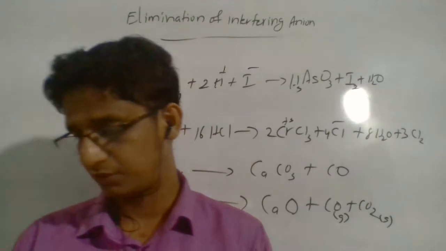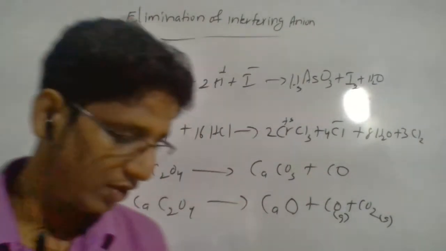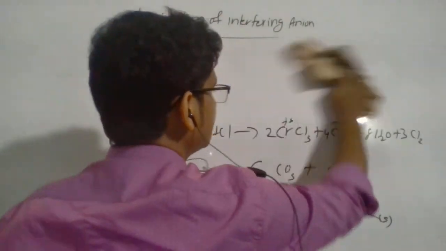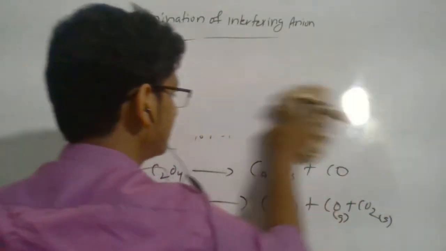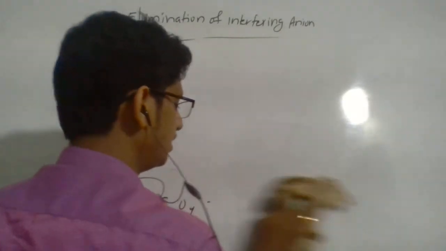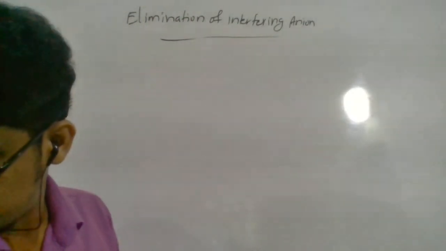If you boil it, they will be eliminated. So by boiling borate and fluoride in the presence of concentrated HCl, they escape as the corresponding volatile gases. That's the way you can eliminate borate and fluoride respectively.